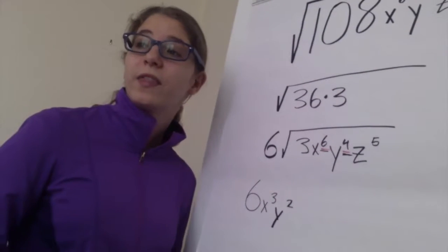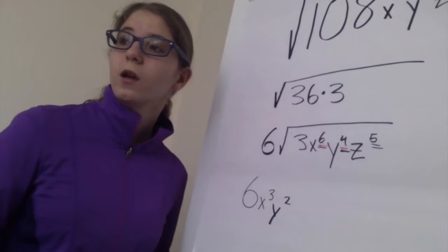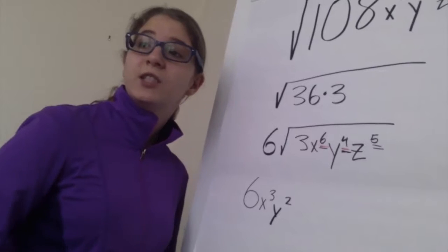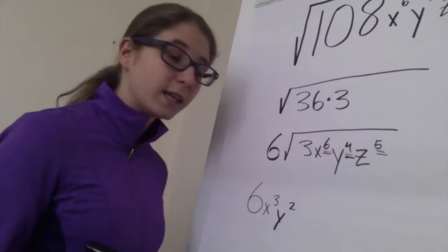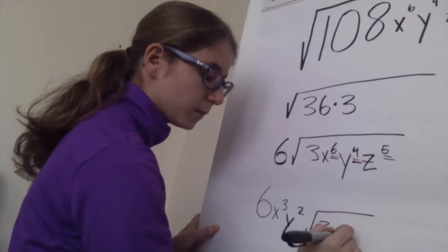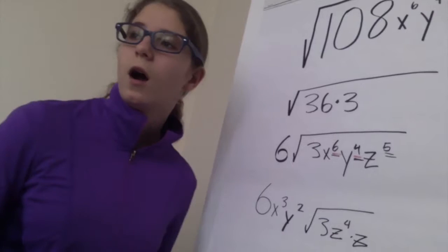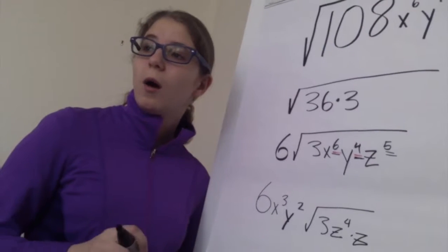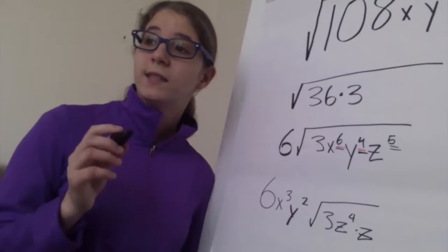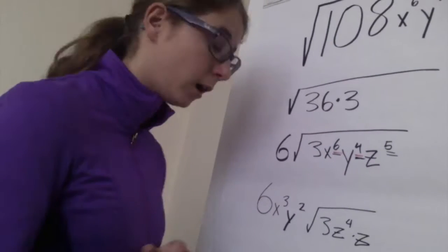But z to the 5th is a variable with an odd exponent. In this case, you have to make it z to the 4th times z. Now you can simplify z to the 4th and get z squared, with z still remaining under the radical.